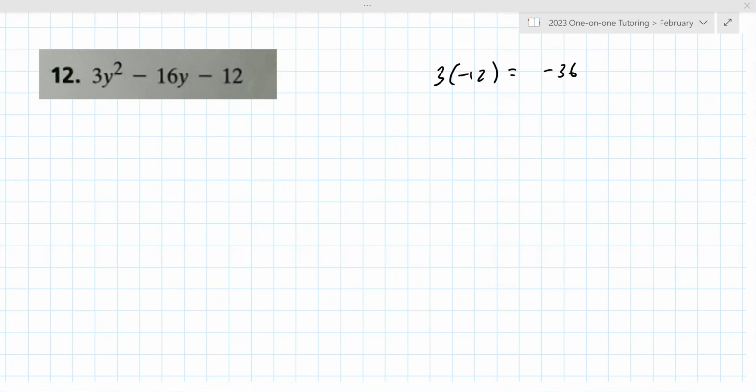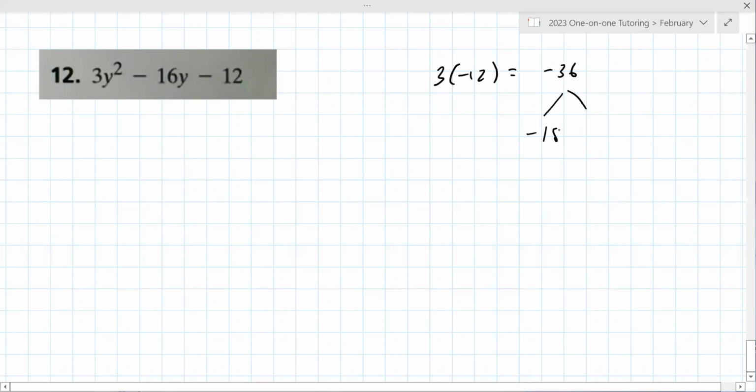So -18 and 2. Yeah, so it's -18 and +2. Good. So keep going. See what you come up with.